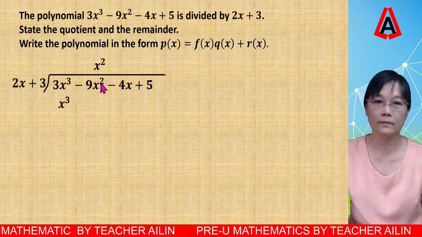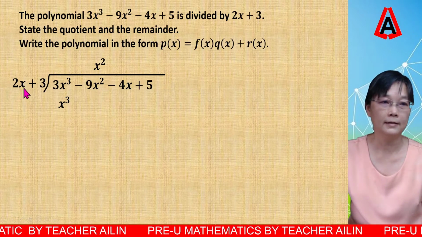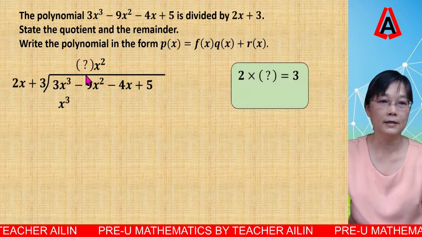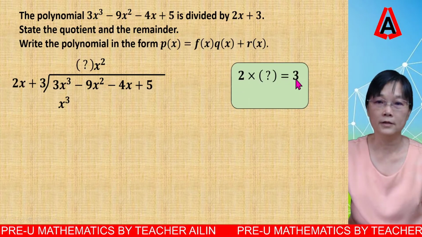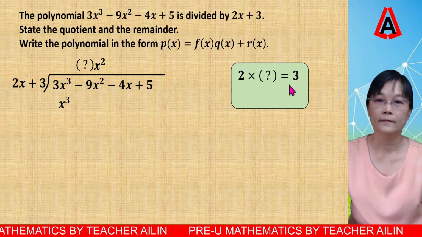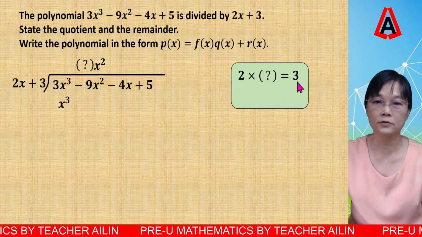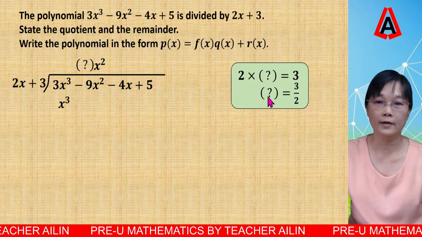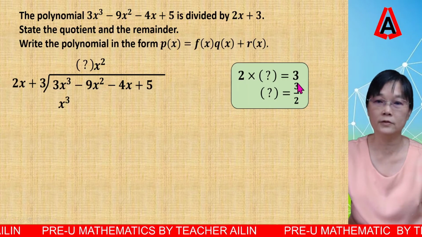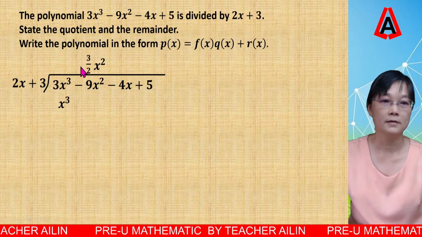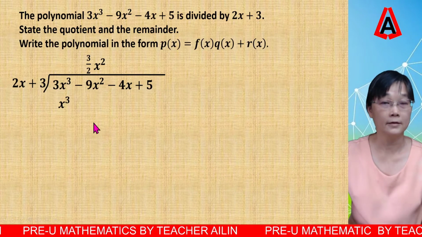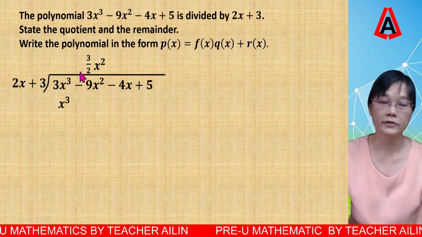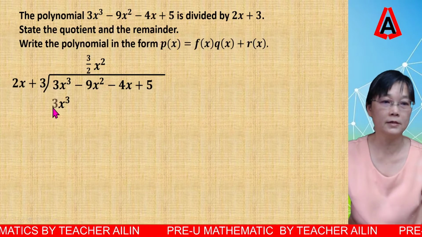We should do some calculation: 2 times what in order to get 3. When we shift the 2 to the right hand side, this value should be 3 over 2. So now we continue. 3 over 2 times 2 is equal to 3.